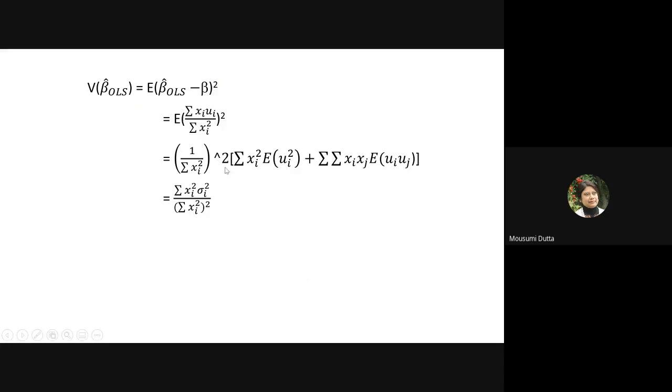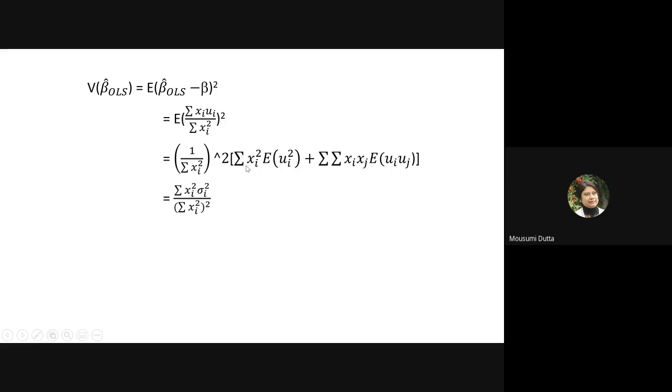So whole square of this term: summation xi square, expectation of ui square, summation xi xj, expectation of ui uj. Now expectation of ui uj is equal to 0 because we are still considering the non-autocorrelation assumption.